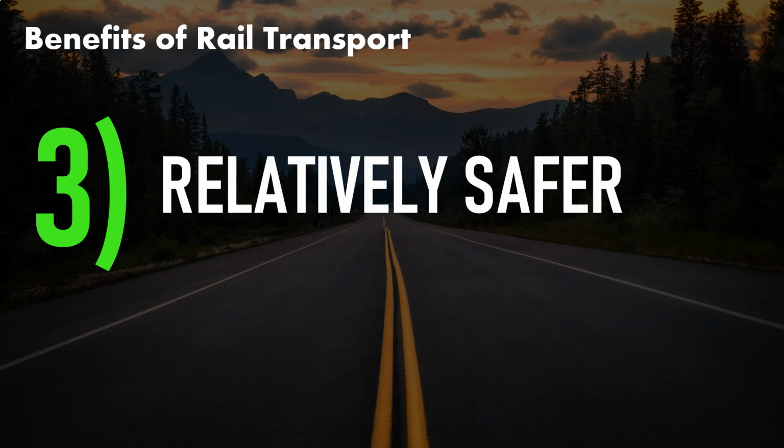The third benefit is that rail transport is relatively safer when we compare it with road transport or air transport. The reason behind this is that in rail transport, the pickup location and the destination point are both predetermined. There's no congestion, there are no sudden turns. The entire route is already established as the journey begins. So there's no opportunity to crash into other trains, or to take a wrong turn, or miscalculate your navigation.